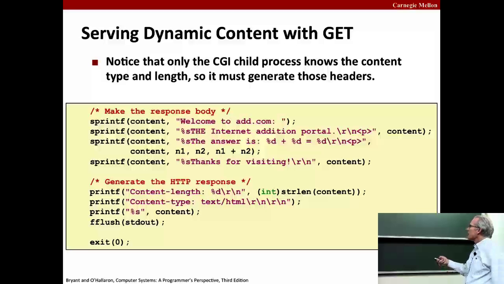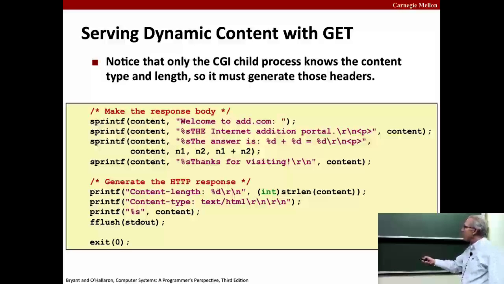And here it's pretty mundane. The only actual HTML in here are the Ps, meaning paragraph markers. So this is literally generating HTML content and storing it all as a string called content.